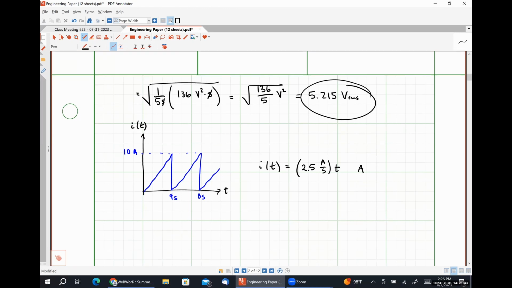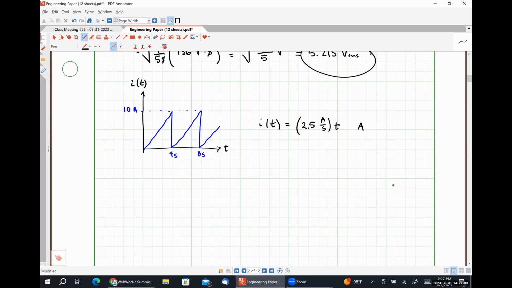So this is what our current waveform looks like over one period, where I'm just choosing to look at the period from 0 to 4 seconds so that I don't have to apply any time shifting to this thing.